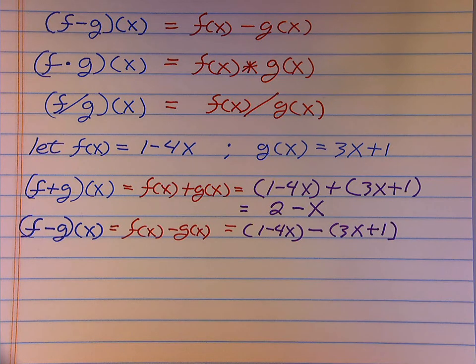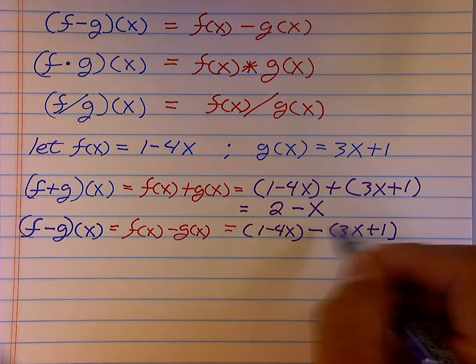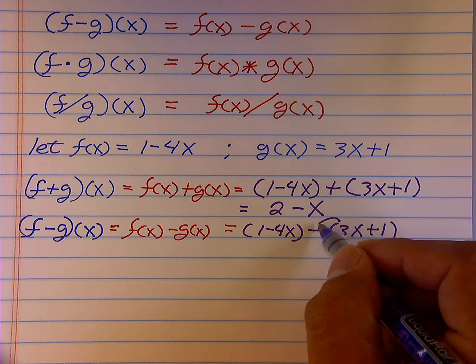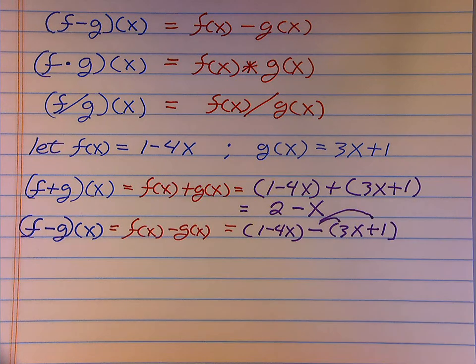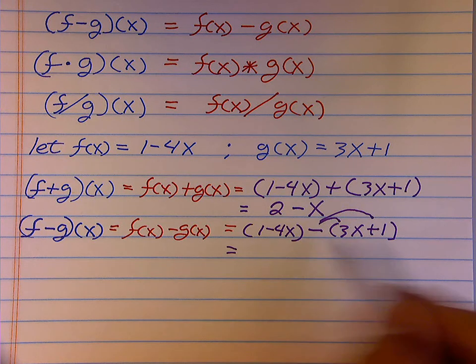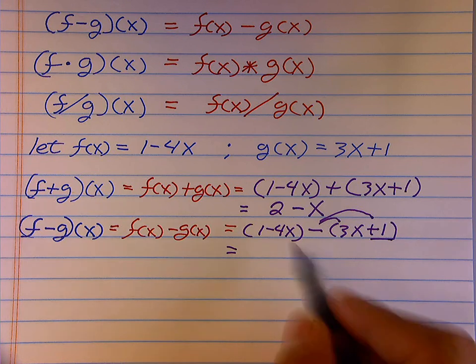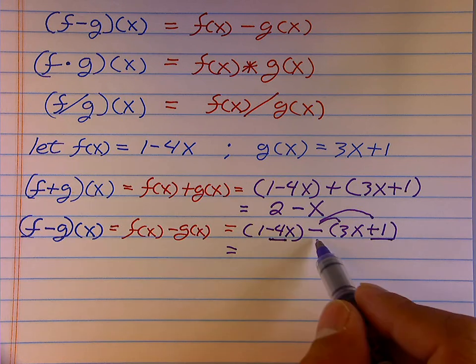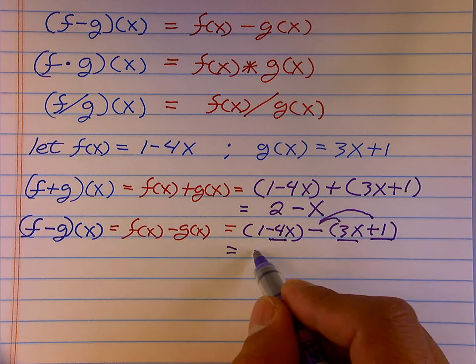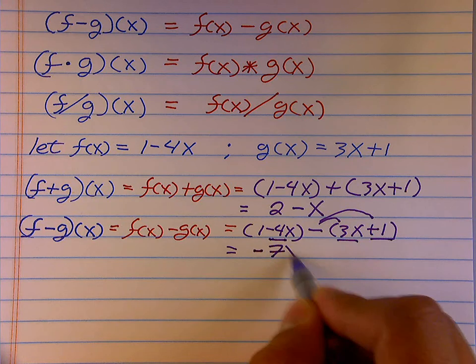The big thing about making sure you put it in parentheses is I'm not subtracting the first object. I am subtracting the 3x, and I'm going to be subtracting the 1. So when I simplify this, I will end up with 1 minus 1, which is 0, and negative 4x minus 3x, which is negative 7x.